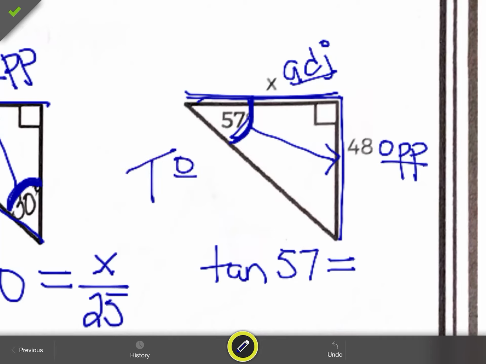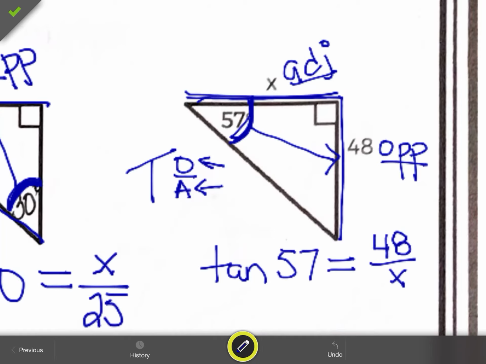What do we have labeled as opposite? The 48 over, what's my adjacent? X. So pay attention to that. Do not get in the habit of always putting x on the top of your fraction because it's not always going to belong there. And if you just throw it up top, your whole equation is wrong.